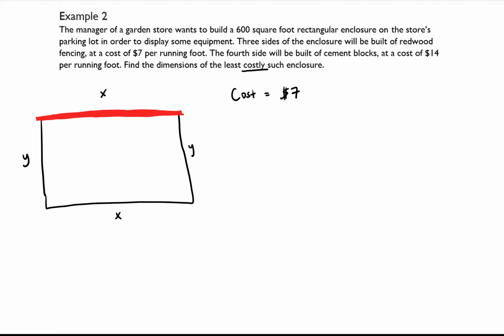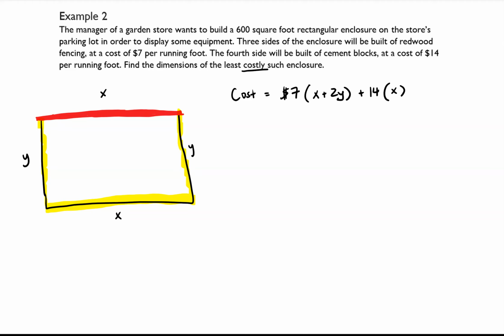And if we add this length with this length with this length, that is going to be x plus y, which becomes x plus 2y. And then the red portion, that costs $14 per running foot, and that has a length of x. So that is what we have there.